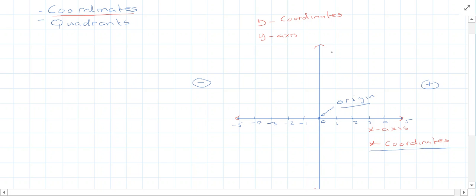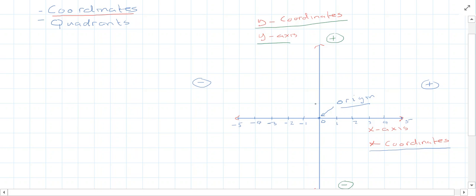Now if we then move up, we have the y-axis, which is this vertical line, and then you have what are known as the y coordinates. The top part are the positives and the bottom part are the negatives.